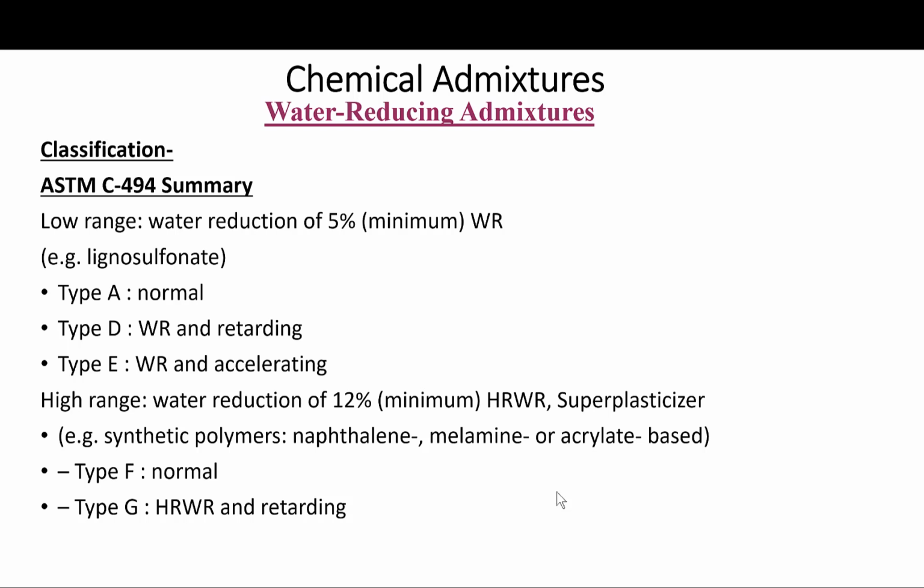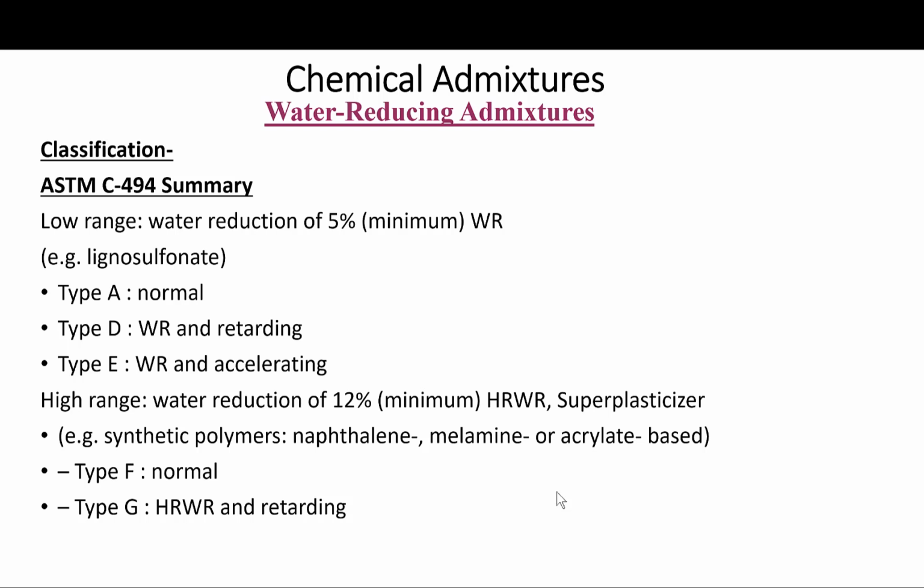Here I'm showing a summary of the classification. Again, if we go back to ASTM C494, the low-range water reducers have water reductions of 5% minimum. The chemical makeup for these is the lignosulfonate: the type A, the normal; type D, reducer and retardant; type E, reducer and accelerator.